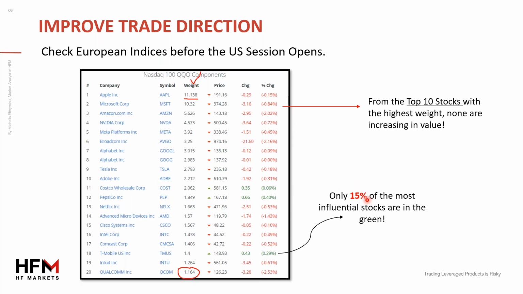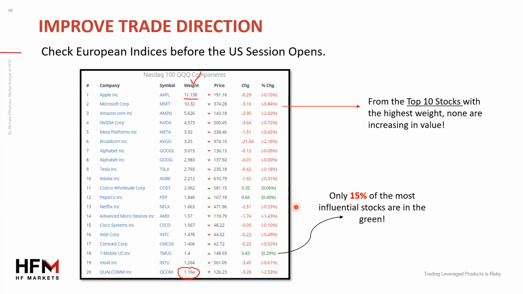Sorry, this is an example here. It's actually the 80% rule. So they look at the top 20 most influential stocks, and they say if 80% of the top 20 are declining today, then I'm using that as an indication that potentially we're bearish on the stock market.